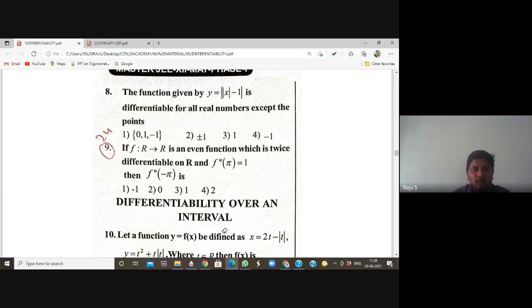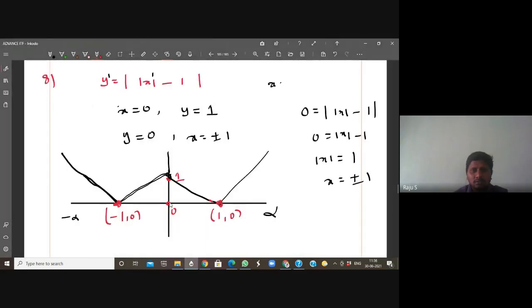Right, students? Now all of you think about the next question. Question number 9, fastly. x is equal to 0 also.